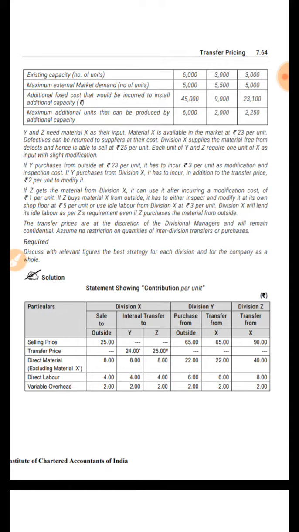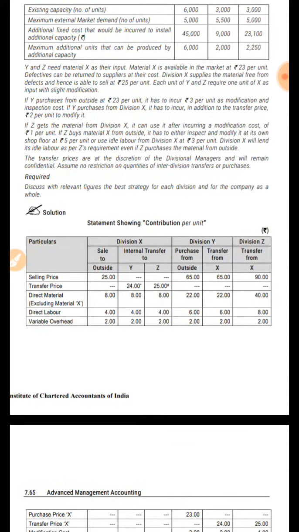So like this, we can reject division X outright. If we want to get from division X, it has to be 26 rupees, which is the outside market's price, minus 2 rupees, because 2 rupees we are going to incur for modification. That much only should be the transfer price. So 26 minus 2, 24 rupees should be the transfer price. That's why 24 is taken. And for division Z, 25 rupees. As I said, that is only beneficial for Z, 25 rupees.